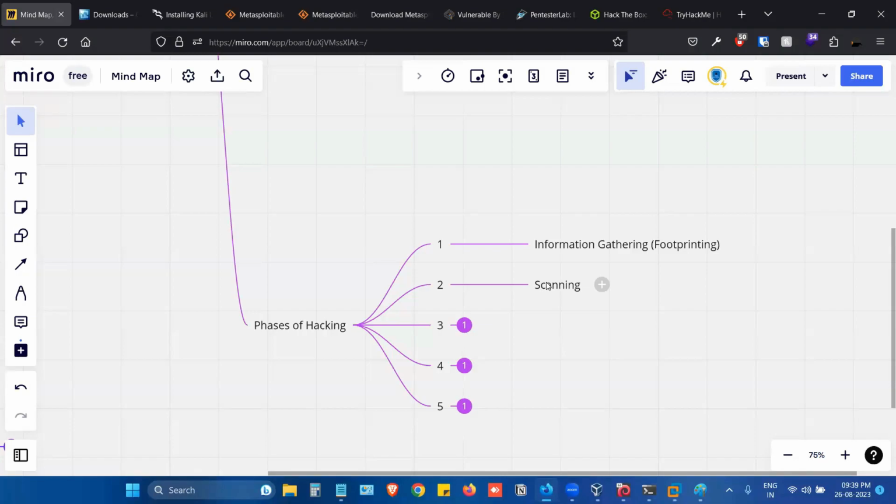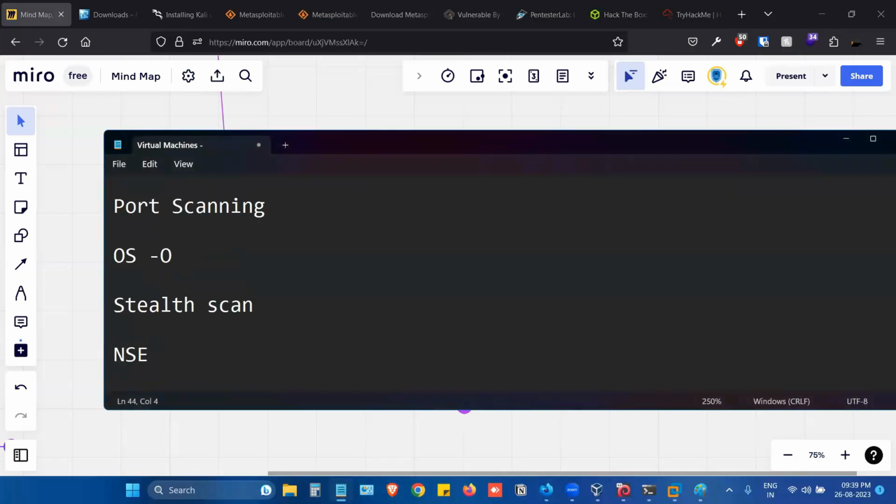Vulnerability scanning is also done by a few of the scanners, and Nmap has the NSE scripts that basically enhance the capability of the Nmap tool. By using these scripts, you can perform some sorts of scans, like suppose if you have to scan the SSL ciphers, then you can use these scripts. The command would be like --script equals the NSE script name.